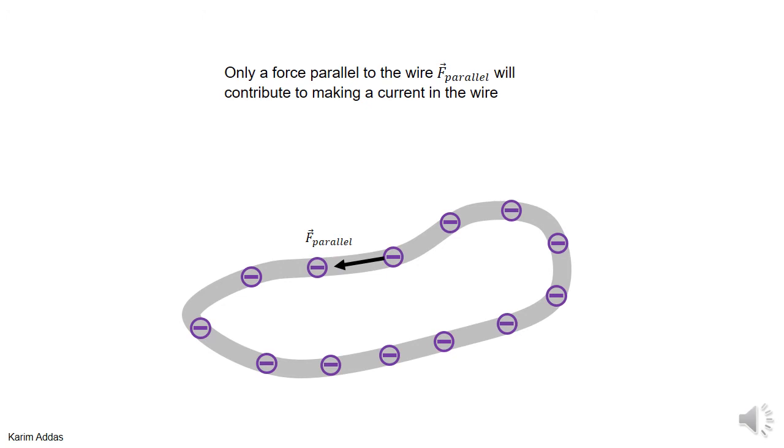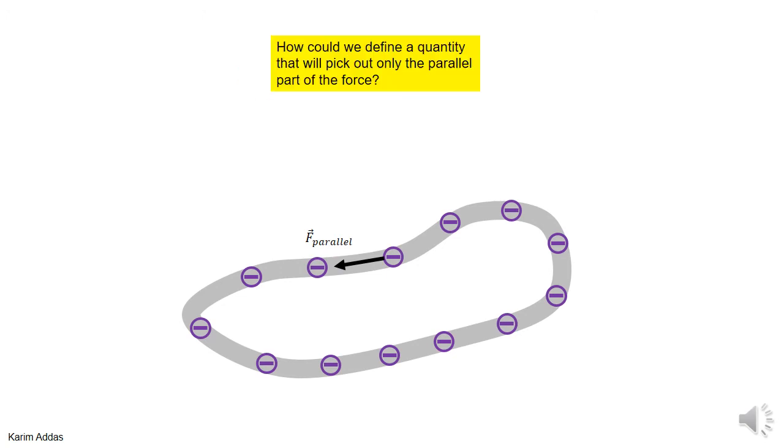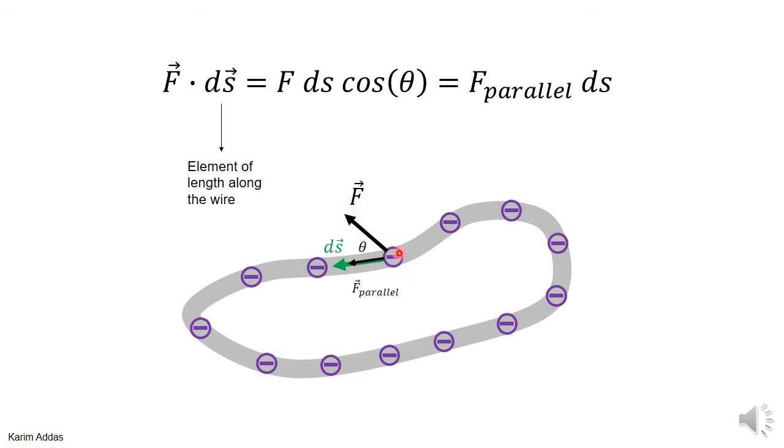So how could we pick out that component of the force? Force in general exists at some angle theta with respect to the wire at this location. How could we pick out only the part of the force that's along the wire? Well, if we define an element of length ds along the wire, and we take F dot ds, the dot product is F ds cosine theta.